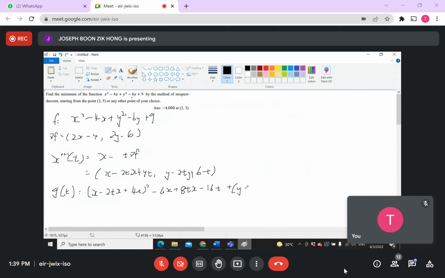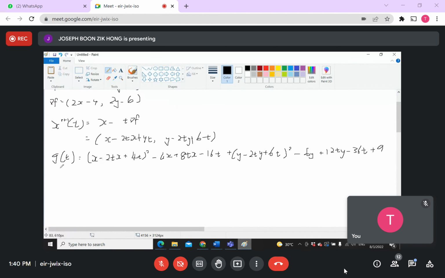This one will be quite long. (y minus 2ty plus 6t) squared, and then minus 6y. Now this one is your y, so minus 6y plus 12ty, and then minus 36t, and then plus 9.